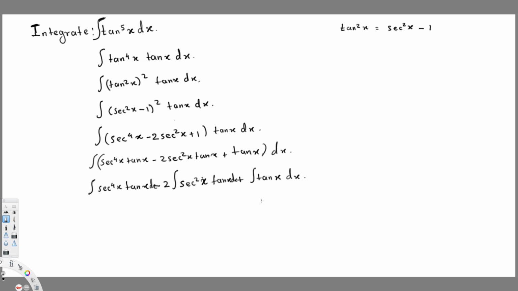So I have separated all the integrals, and now let's see what we can do.